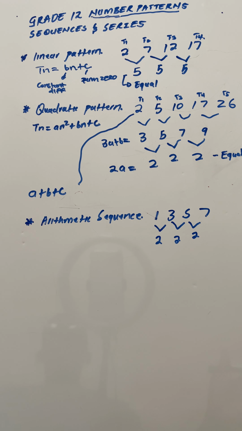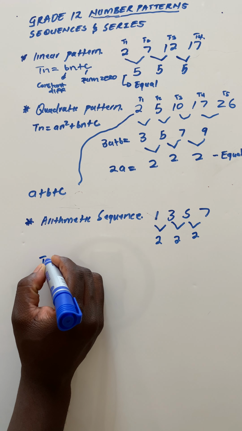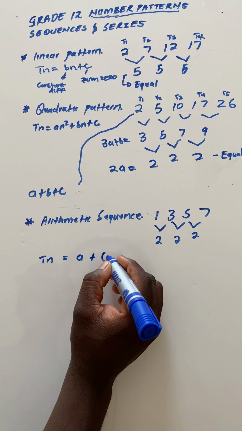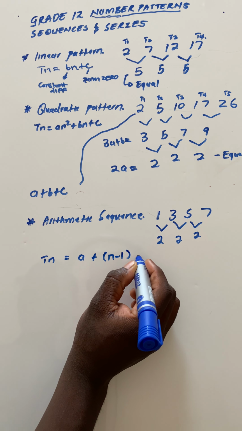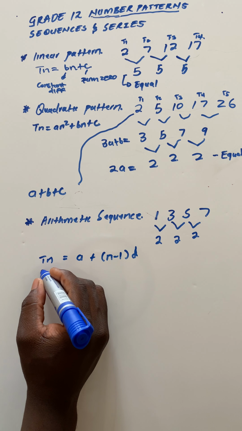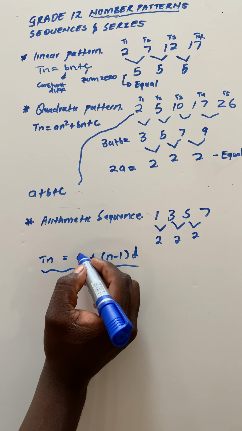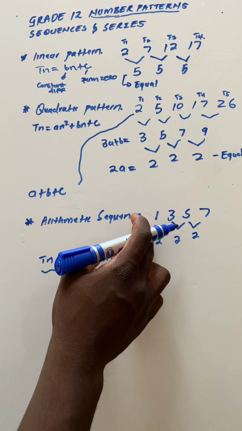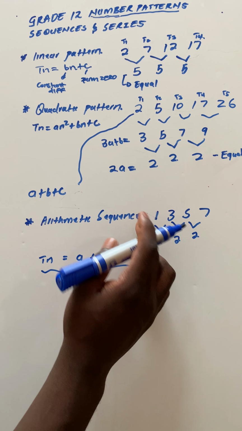So now in an arithmetic sequence, you're now using Tn is equal to a plus n minus 1 times d, right? So now what does this mean? So a would be actually equal to the first number, or the value of the first term.